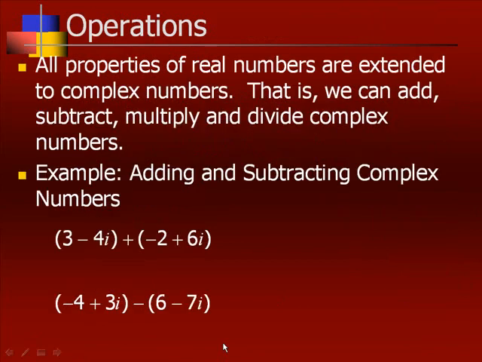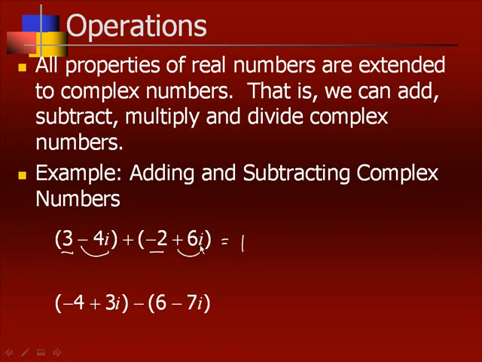Now, all properties of real numbers are extended to complex numbers. That is, we can add, subtract, multiply, and divide complex numbers. Now, to add and subtract complex numbers is just like adding and subtracting like terms. Like terms, 3 plus negative 2 is 1.